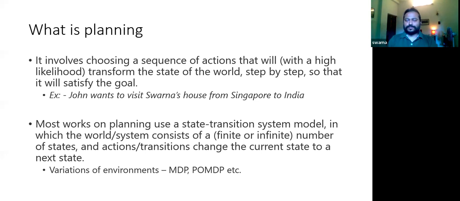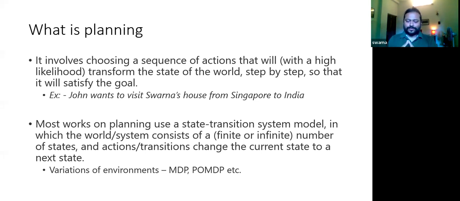Let's say John takes a taxi and goes to a port in Singapore, and he can take a ship and travel to another port in India, or he can take a flight from an airport. So at each different state, there can be a lot of different actions possible.